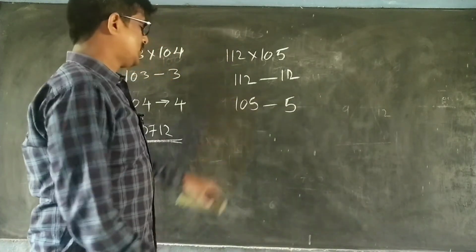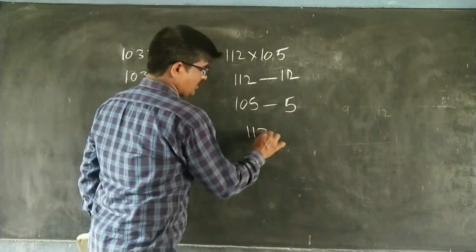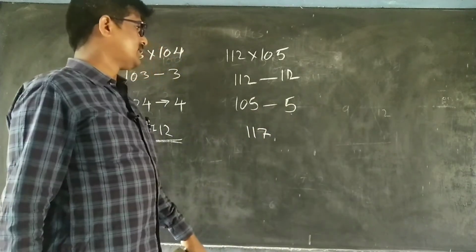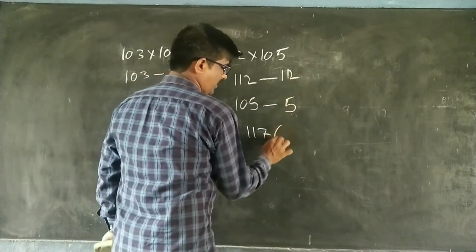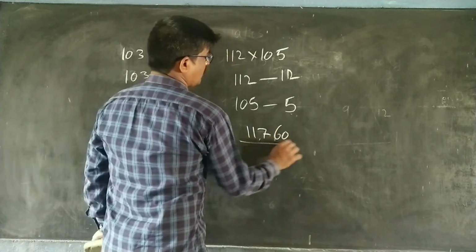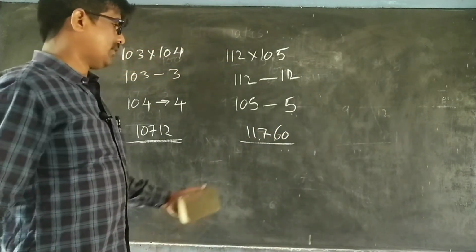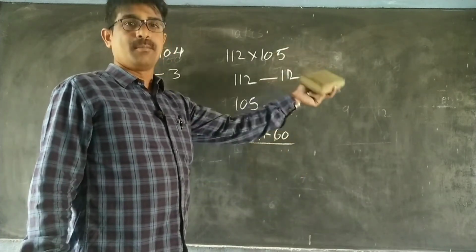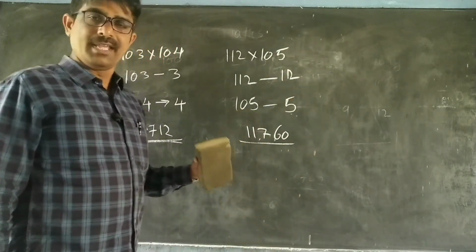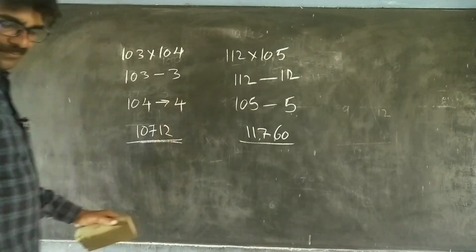So that is equal to 117. 12 plus 5 is 117. 12 5s are 60. That is equal to 11,760. This is for numbers above 100. Right, copy it.